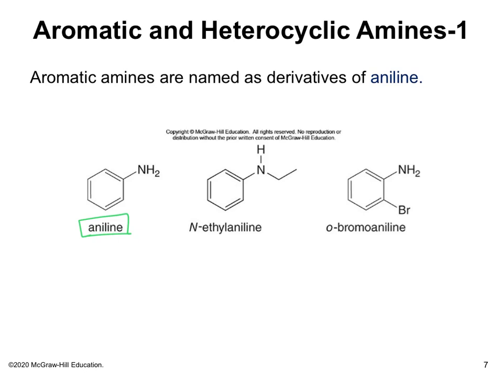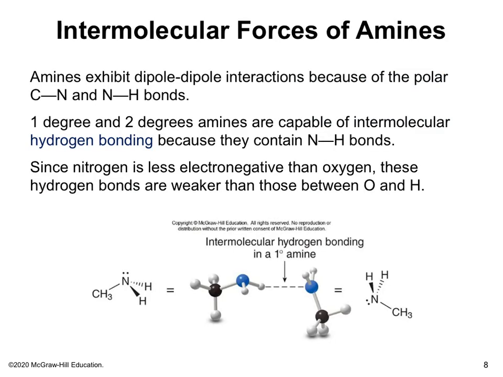Aniline is an important aromatic amine that you need to know. If you have substituted anilines, like this is ortho-bromoaniline. Intermolecular forces of nitrogens, this is the IMF. This determines physical properties such as boiling points and melting points and solubility.